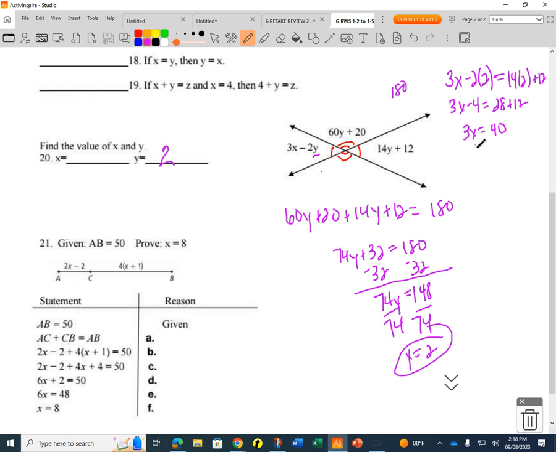Simplifying. Oops, forgot to bring down my minus 4. Just going to add 4 to both sides. 3x equals 44. So now I know that x equals 44 thirds.